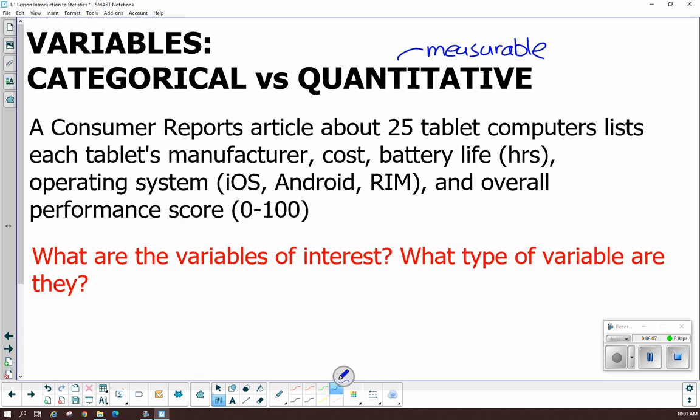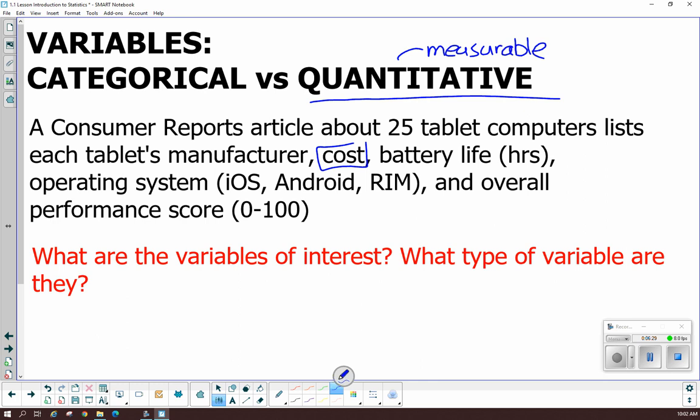And so if I look here, we're back to talking about tablet computers. We have a bunch of variables. Let's identify the quantitative ones first. Those are things that we can measure. There's some sort of unit associated with that. And so cost would be one of those measurable quantitative variables. We can use dollars or pounds.